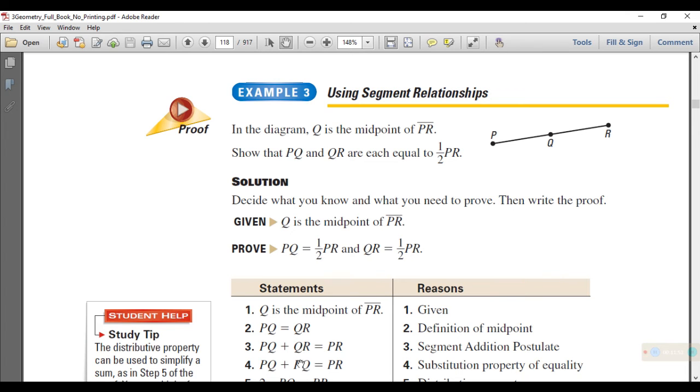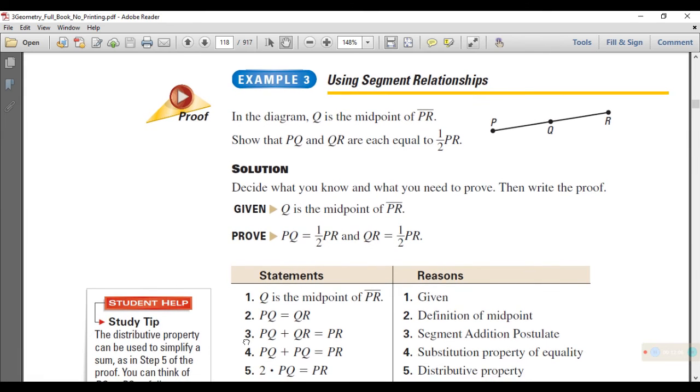So, pwede mo i-substitute si PQ sa QR. Okay? So, substitution property of equality. Next, we have 2 times PQ is equal to PR. Combining like terms lang tayo. PQ plus PQ is equal to 2PQ. Okay?